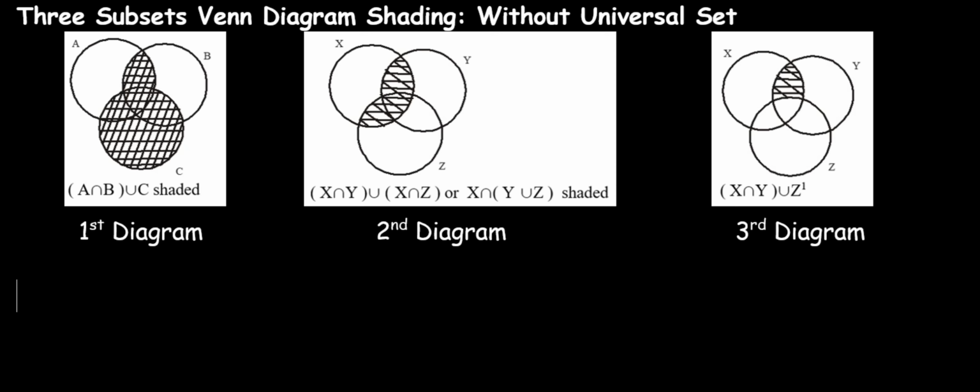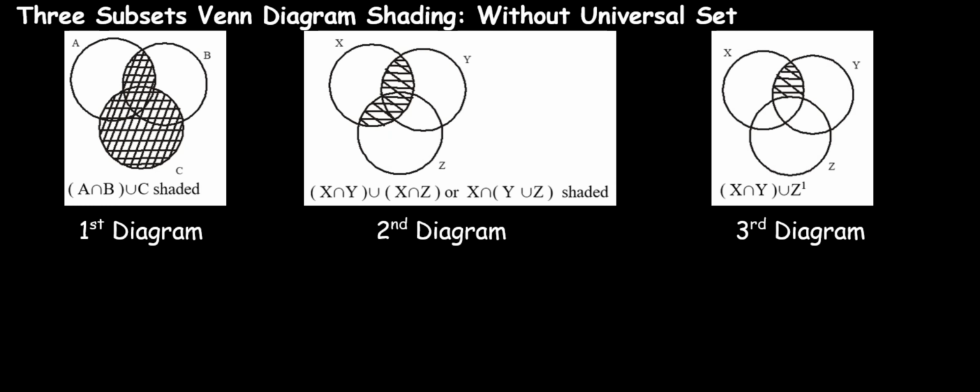Then the third diagram shows X intersection Y, bracket open and close, union Z prime, shaded, or Z complement, shaded. Because of the complement on Z, or the prime on Z, you avoid everything that has to do with the Z circle there. But that of X and Y, the intersection is shaded.